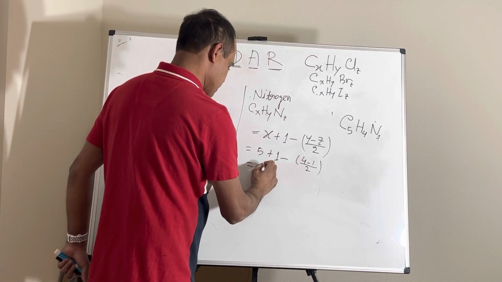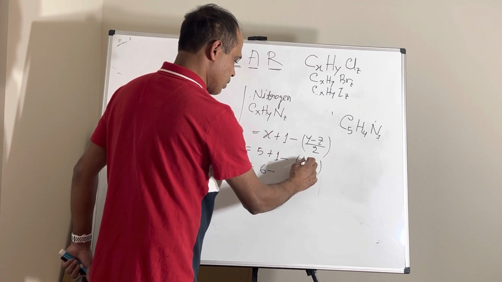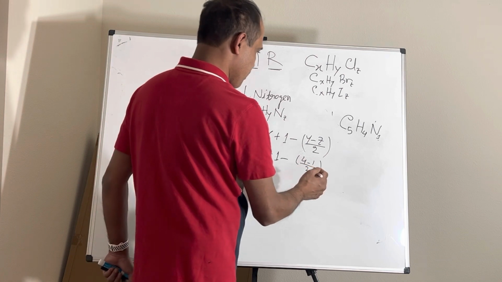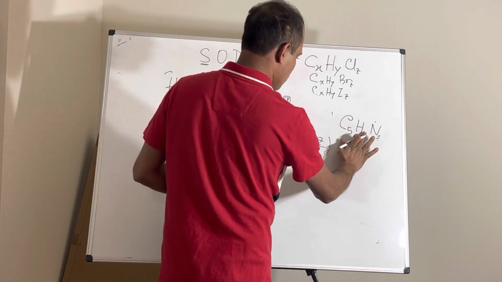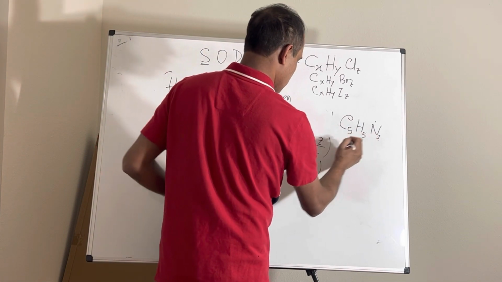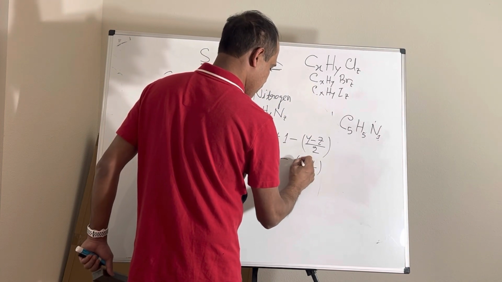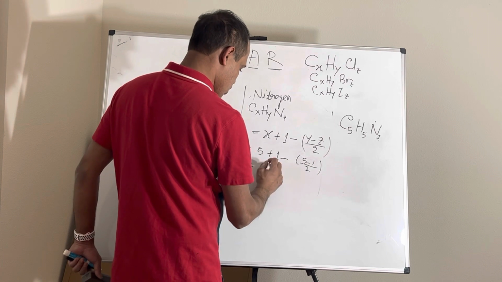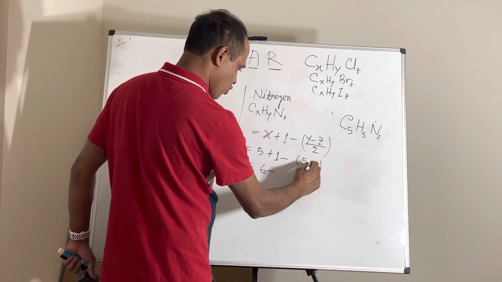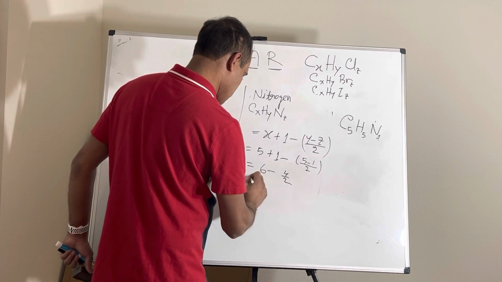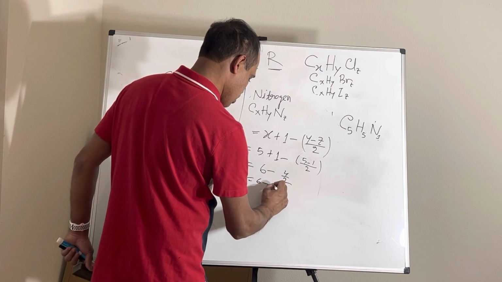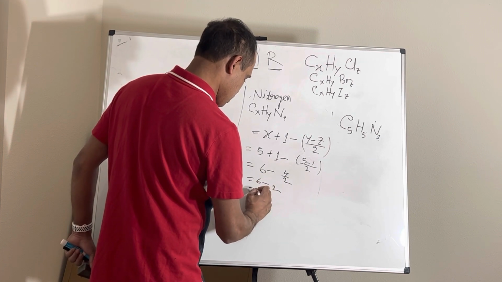So 5 plus 1 is 6 minus 4 minus 1 is 3. So maybe it will be like 5 actually. So let's put 5. 5 minus 1 by 2. So 6 minus 4 by 2. And that will be 6 minus 2. And actually it will be 4.